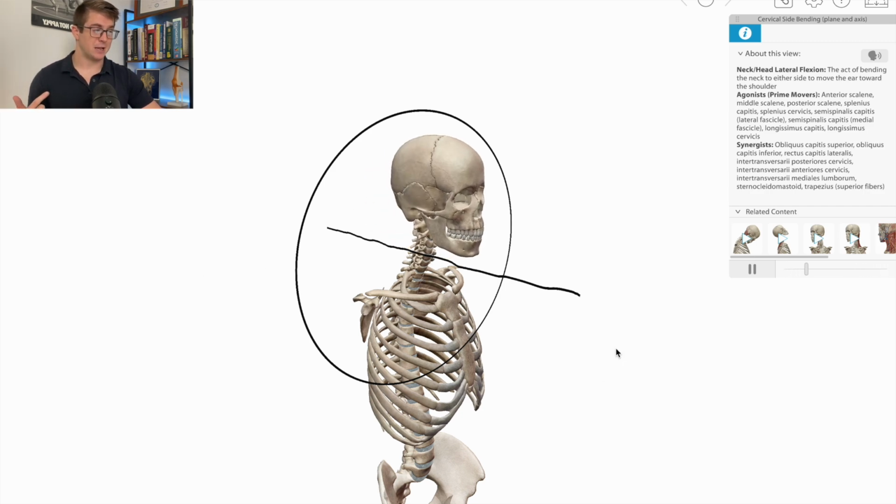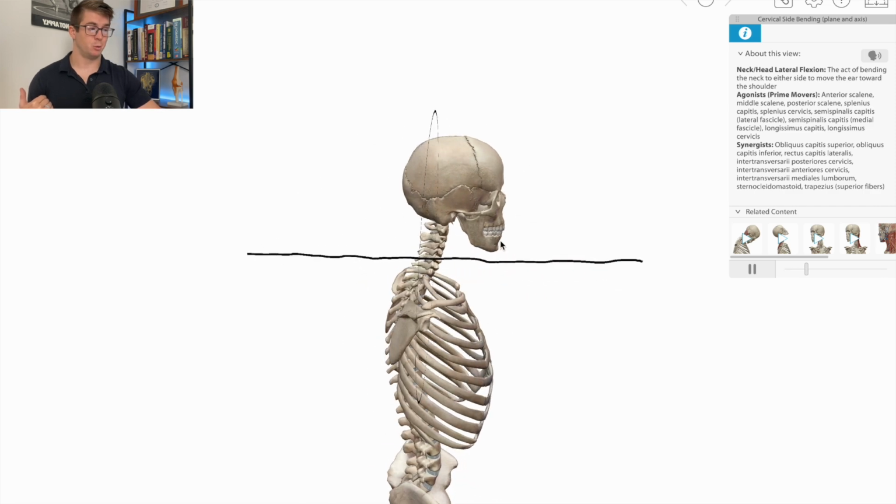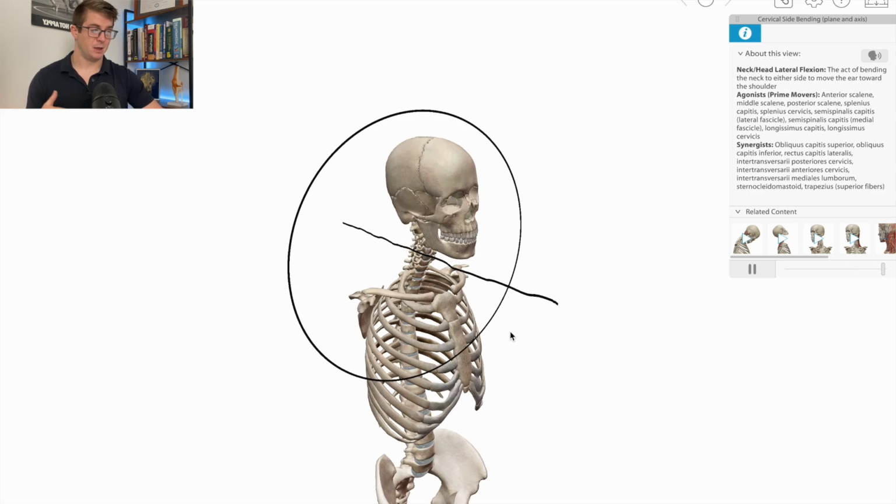Okay, so we've got cervical side bending, which is the act of just tilting your head to one side without moving your shoulders, is moving through the frontal plane, which is cutting the body into back and front halves, and is moving about an axis of rotation that pierces through that plane in an anterior to posterior direction.